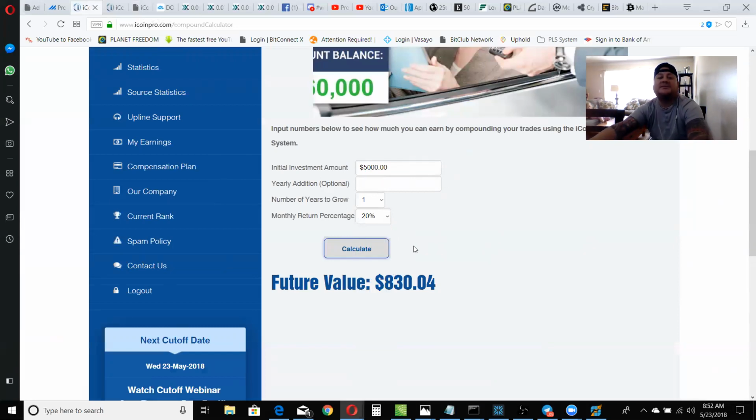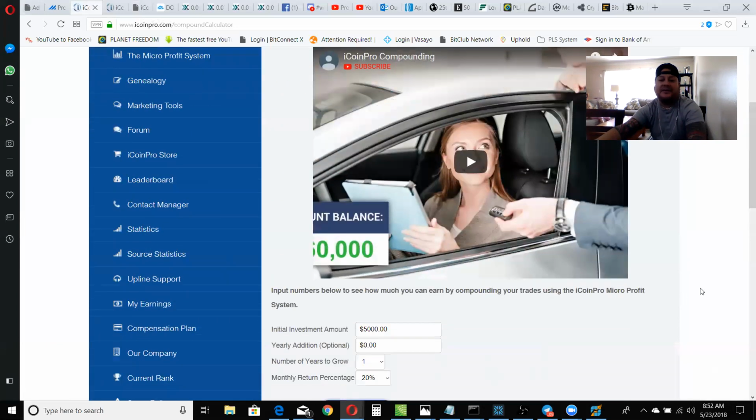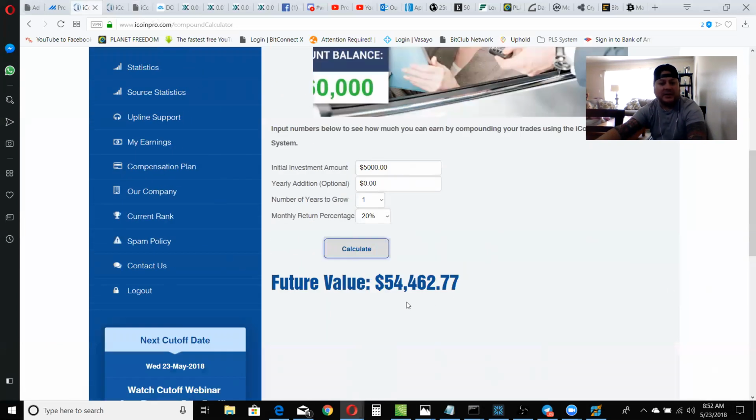I'm low balling this big time. But with a $5,000 balance, 54 grand. Now that's pretty high. Just kind of estimating here, I'm just punching in numbers, but this calculator does show you what you could expect, depending on your trading.